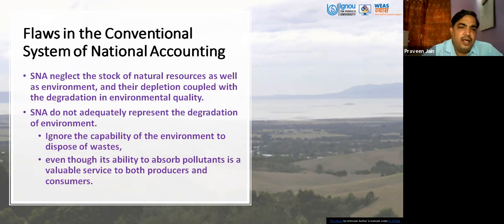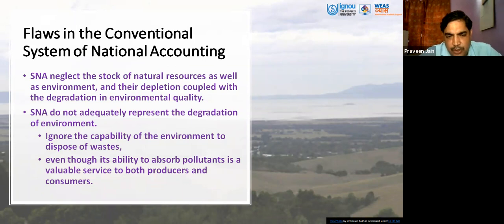It ignored the capability of the environment to dispose of waste, the sink functions performed by the ecosystem, even though it has the ability to absorb pollutants. The environment's ability to absorb pollutants is a valuable service to both producers and consumers.